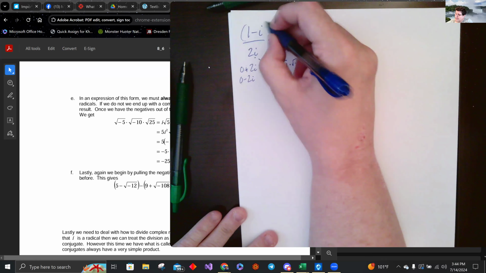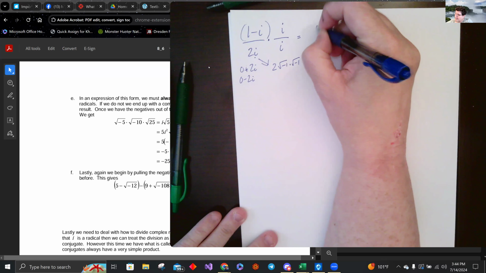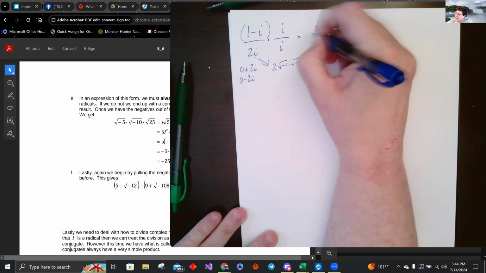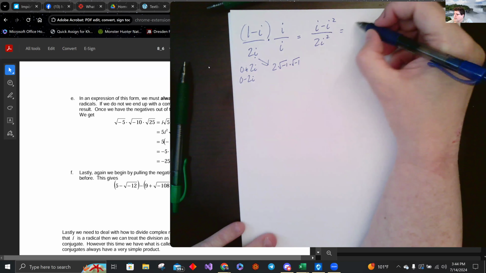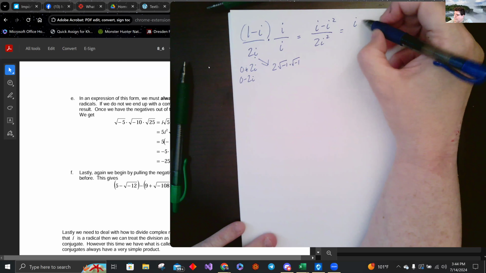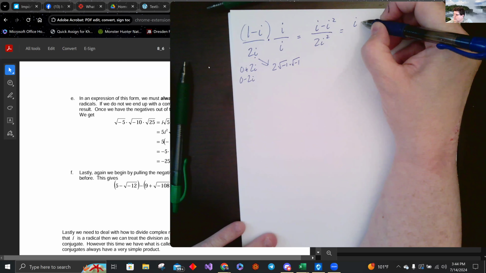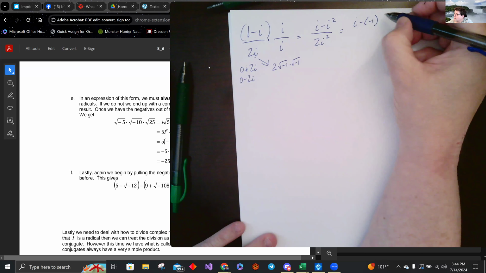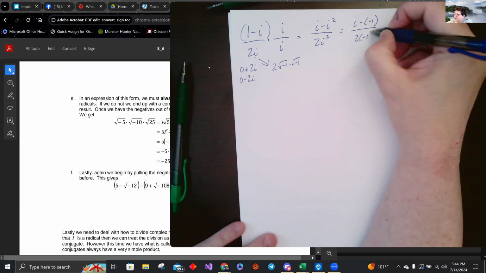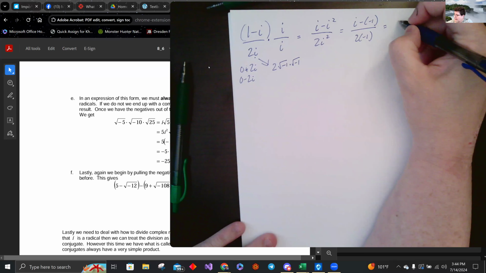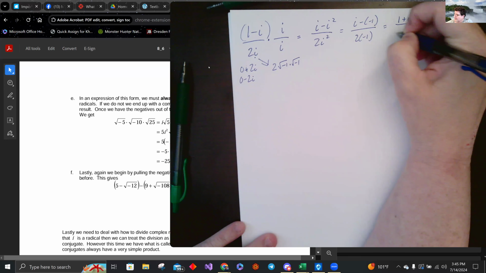So if I do that here, on top I get i minus i squared, and on bottom I get 2i squared. This is i minus negative 1, and this is 2 times negative 1. I get i plus 1, or 1 plus i, over negative 2.